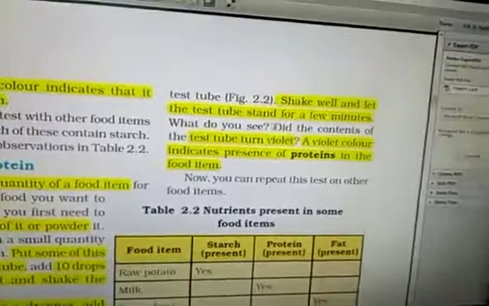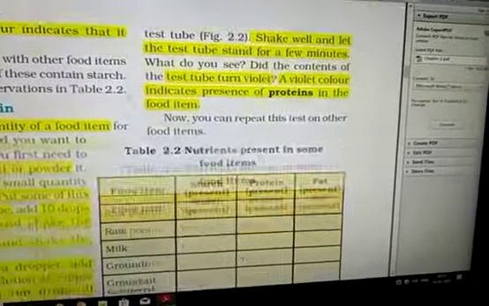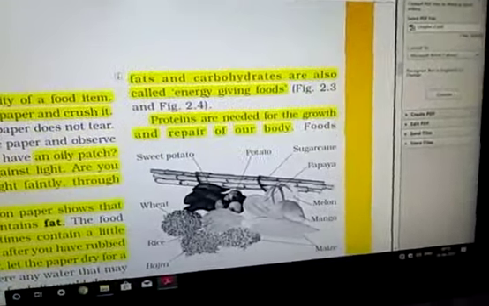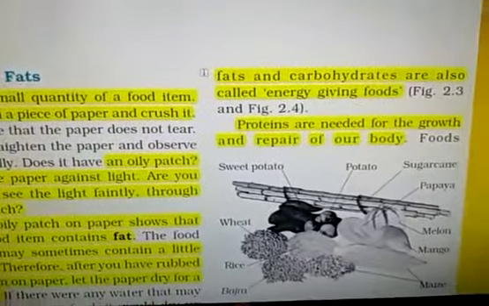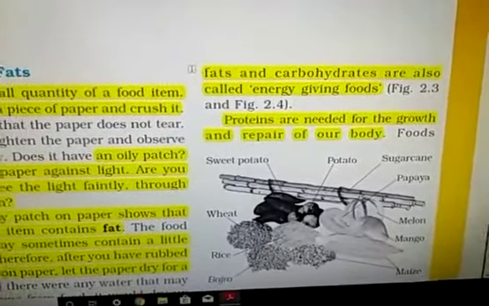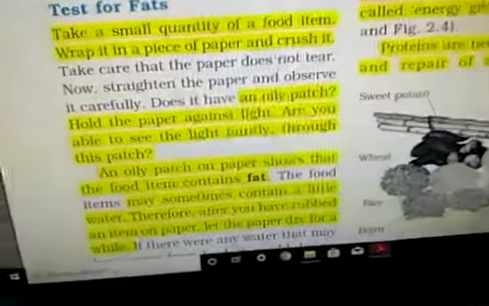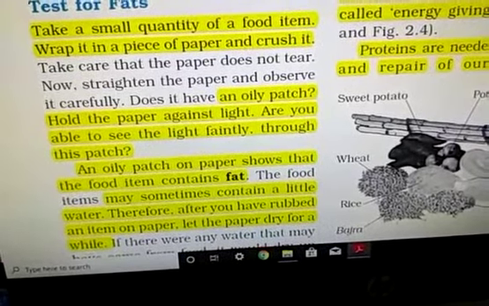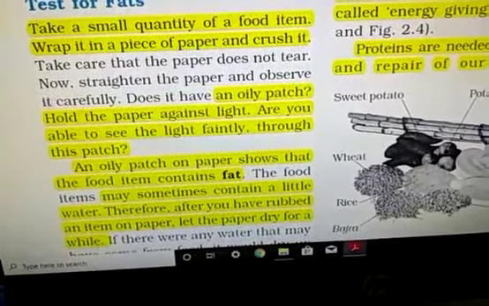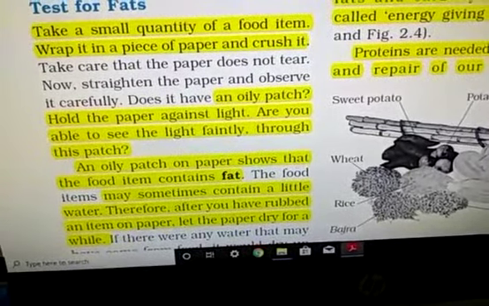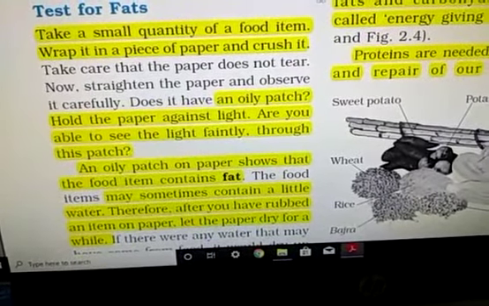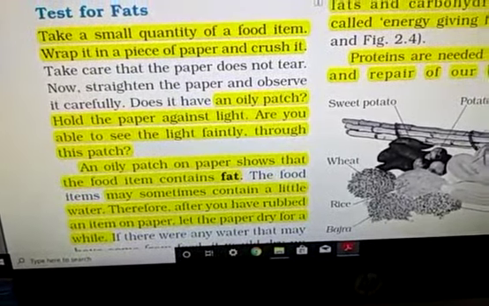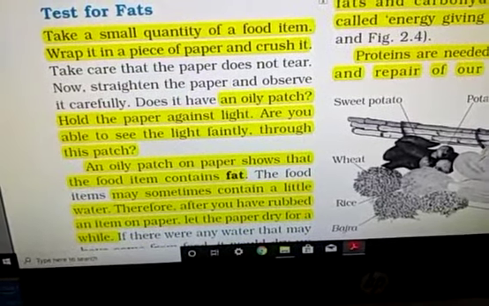For the test of fat, you will take a tissue paper, put your substance material in which you want to test the fat, and press it, but carefully, paper फटना नहीं चाहिए. If you get an oily patch on the paper, it means fat is present. Sometimes water is also present in the material.